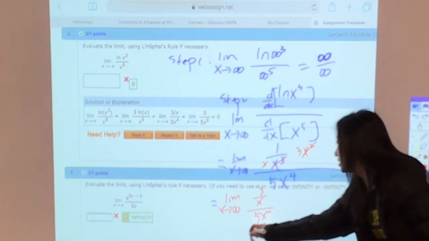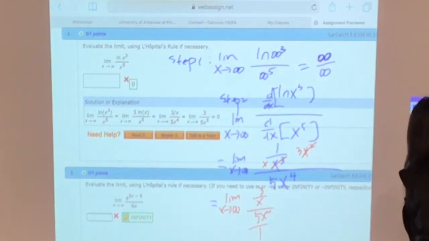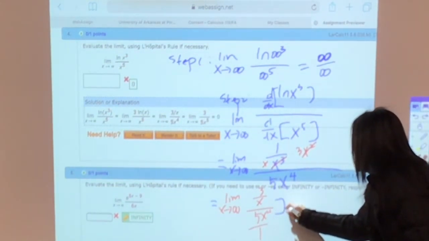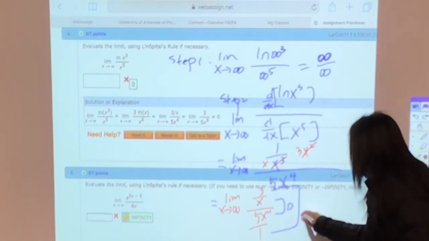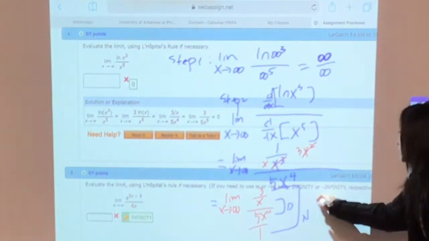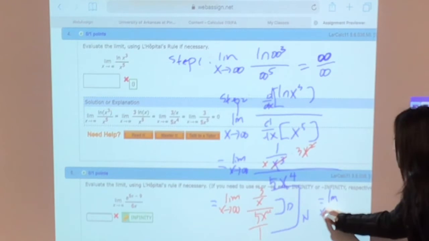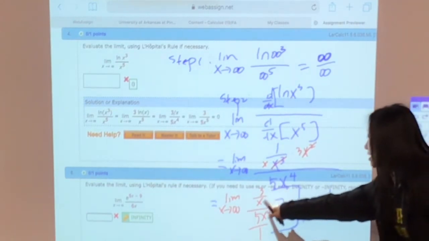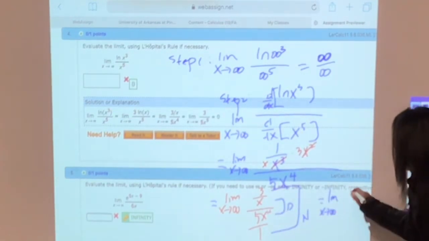So can I combine this together? This goes to the denominator, the long one goes to the numerator. So I have a limit as x approaches infinity, the numerator is just 3.